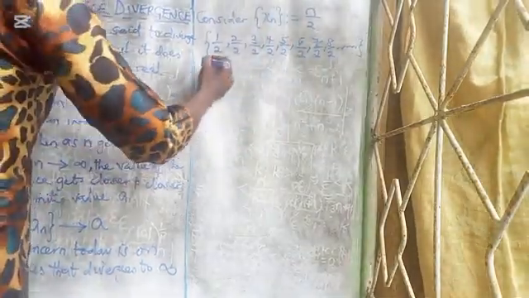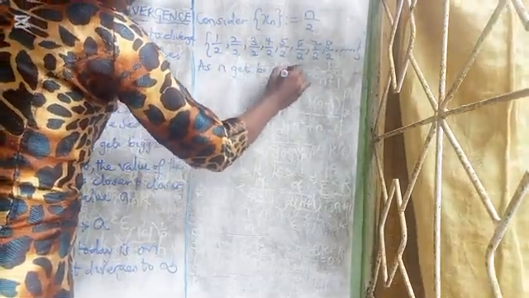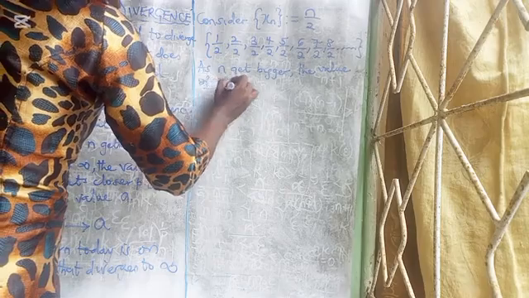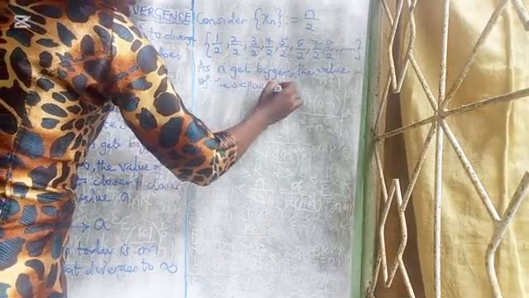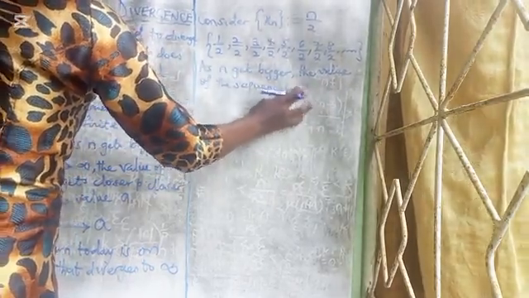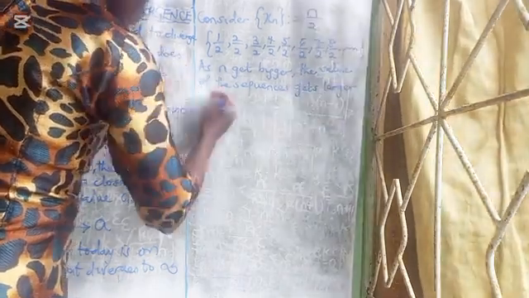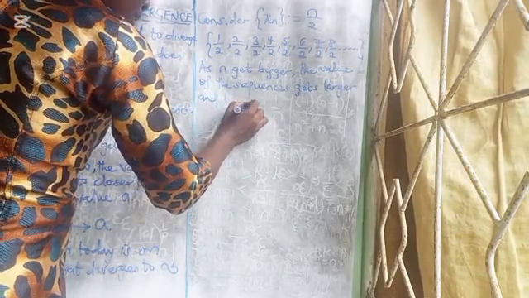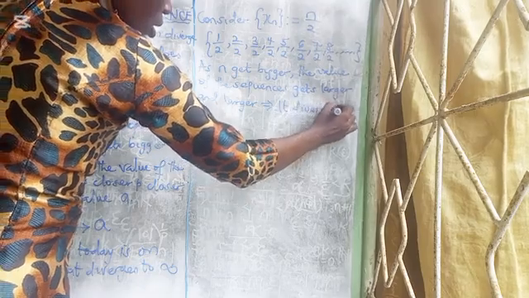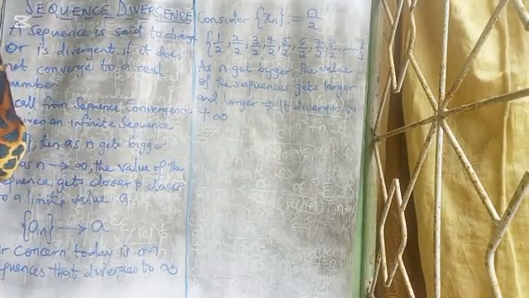That shows us that as n gets bigger, the value of the sequence gets larger and larger, which implies that it diverges to positive infinity.